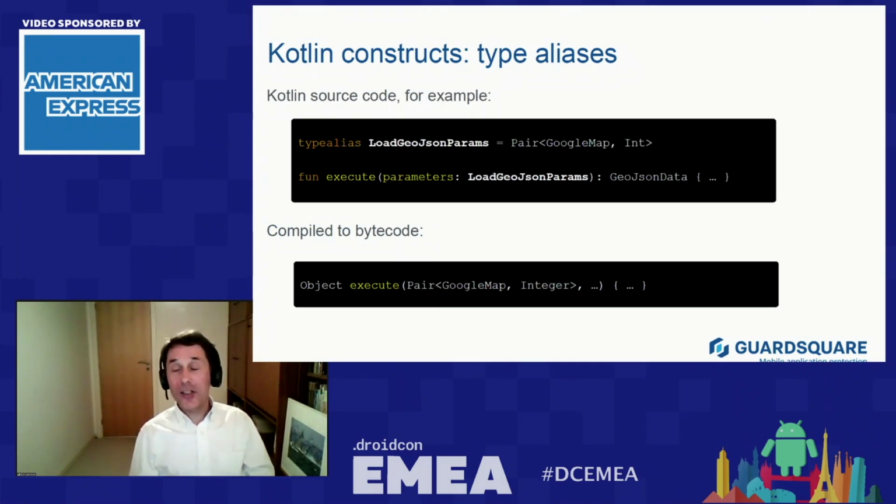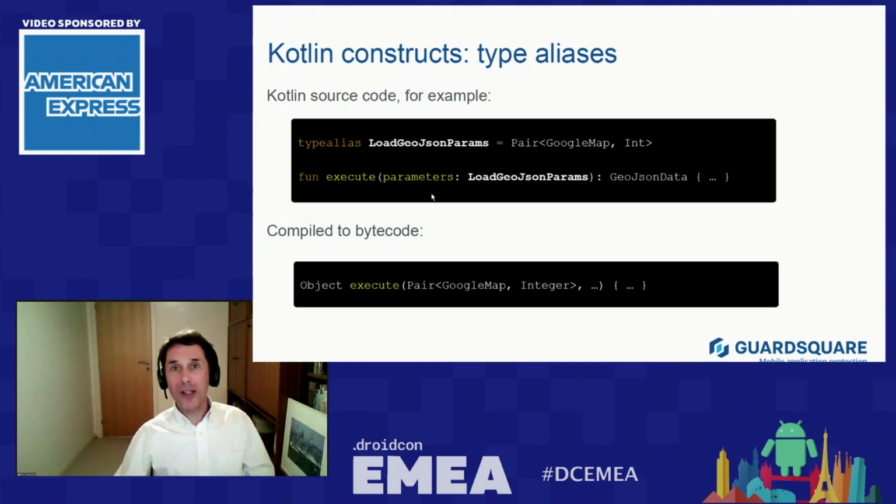And I'll start with the simplest example that I could find, type aliases. And in the code of this application, I could find a type alias here that is set to be a pair of two types. And later on, elsewhere in the application, that type alias is being used as the type of a parameter of a function.